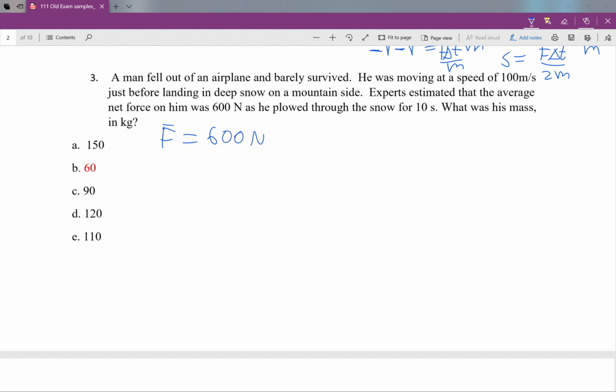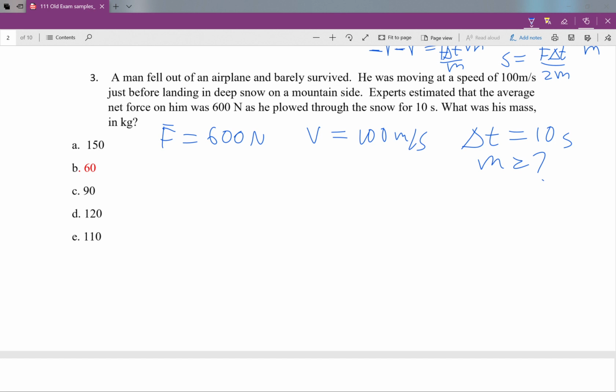The velocity is 100 meters per second. He plowed through the snow for 10 seconds, so the interval of time is 10 seconds. And we're looking for the mass.